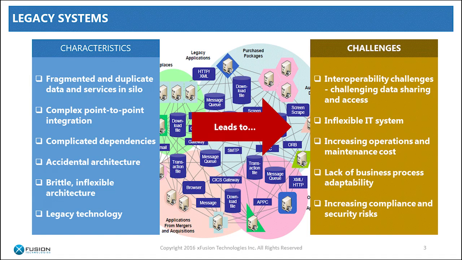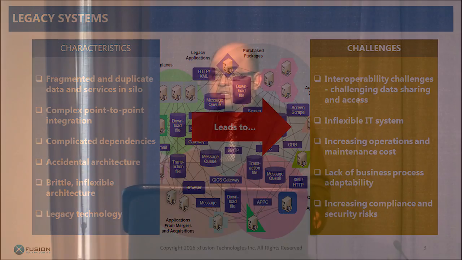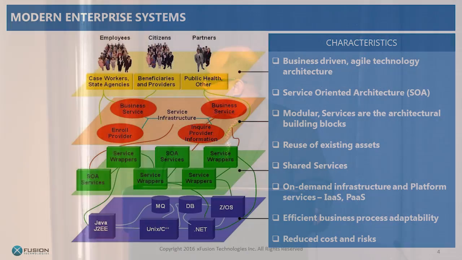There are challenges with data sharing and accessing the data, the flexibility of the system to cope with changes, increasing operations and maintenance costs, and the lack of business process adaptability. When there are regulation or compliance changes and the processes need to be adjusted, that's where the problem is. It's not very efficient to change those business processes, and there are ever-increasing compliance and security risks.